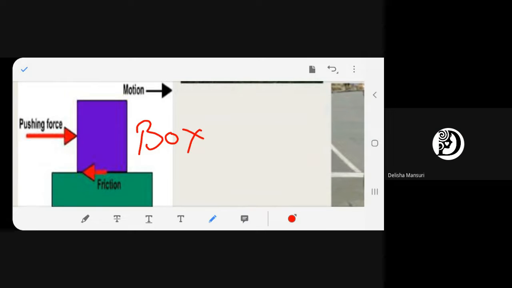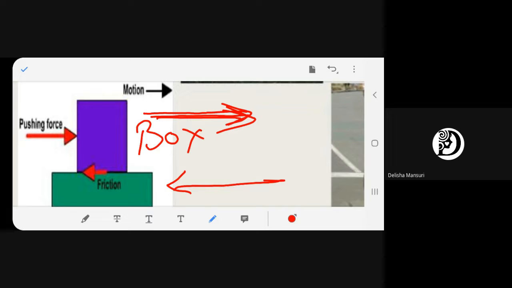So you're applying an external force, right? Where the motion is on a straight line. What is the direction of the motion? This way, right? What is the direction of friction? Whenever there is a motion, there has to be friction.